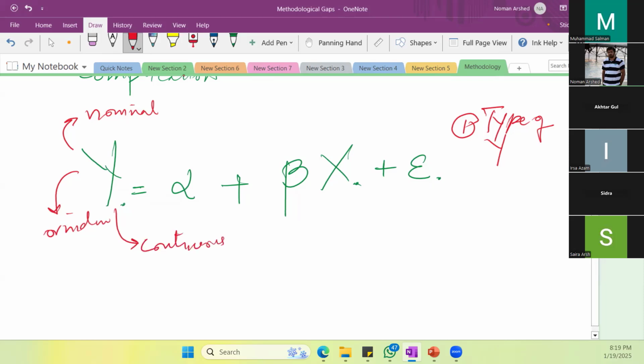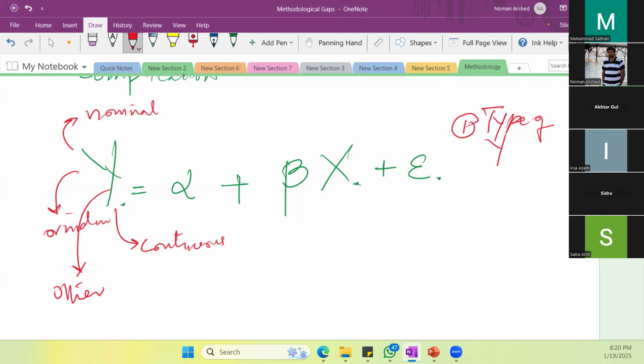It can be some non-normal distribution, similar to ordinal, but there can be other forms. So I will write other. One thing that I will look at in the regression is what type of y I am trying to get. It will define the type of equation that you will use.